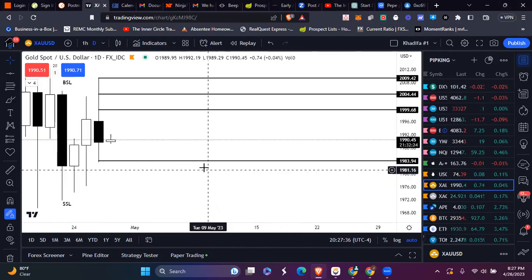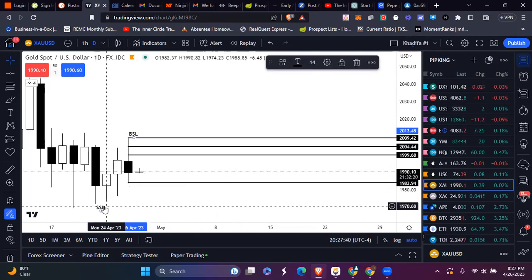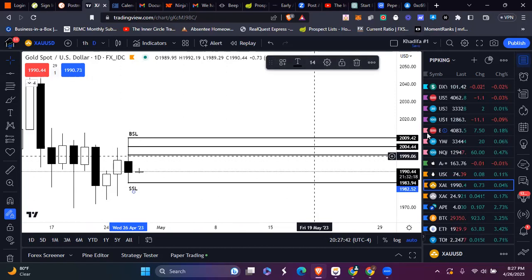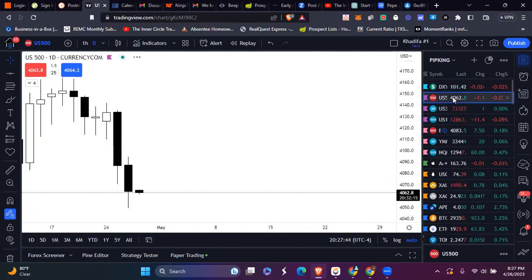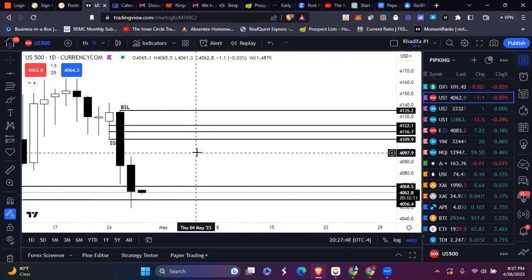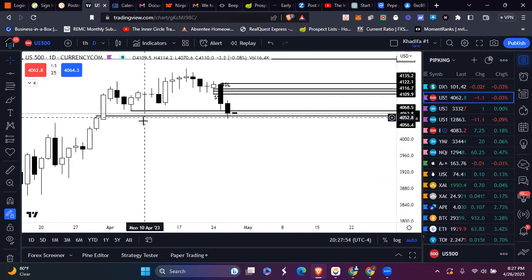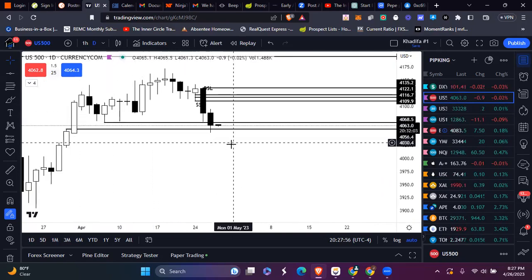So let's see if we get that pulled back up into the premium levels for metals. And we just hit this daily fair value gap that I had marked here.